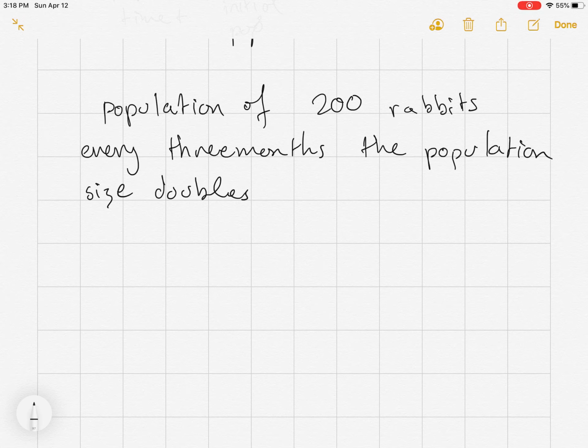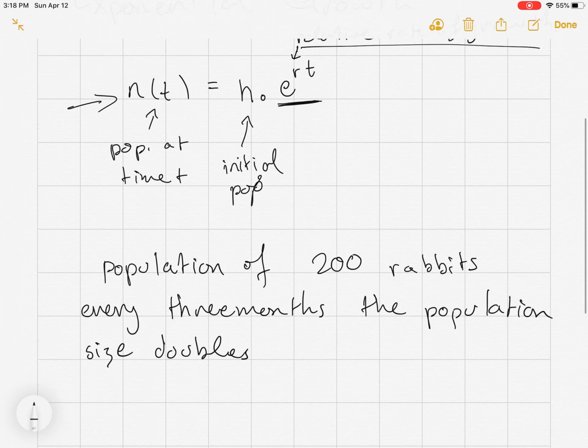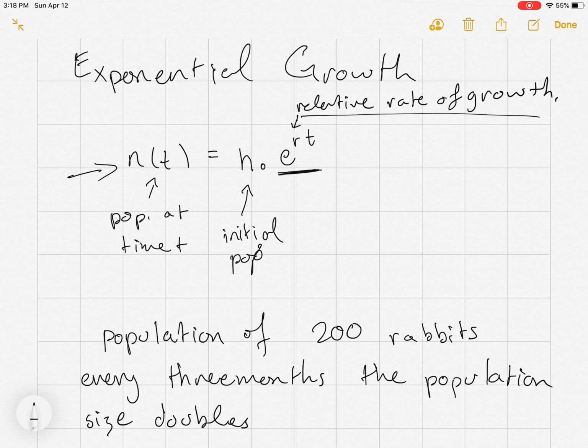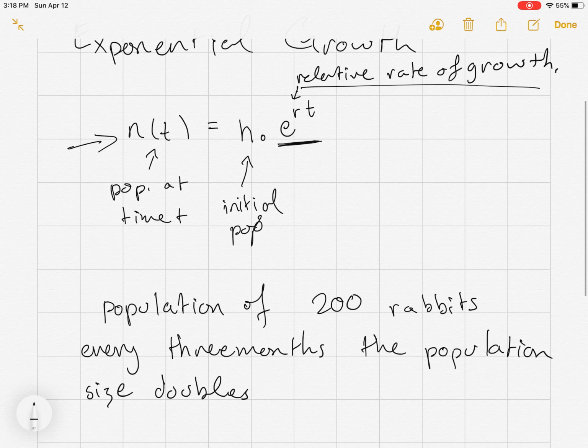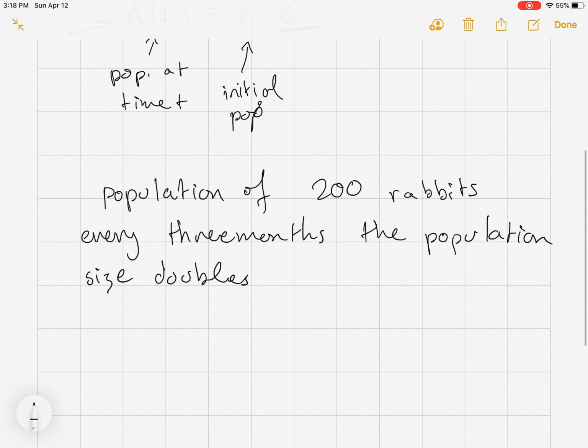This was something that Tim was talking about in his videos last week on exponential functions. We know that these rabbits are going to be growing exponentially. The more rabbits you have, the more rabbits you get.